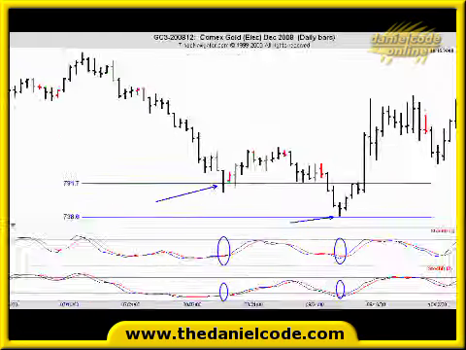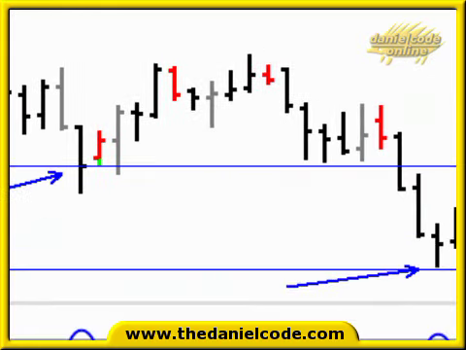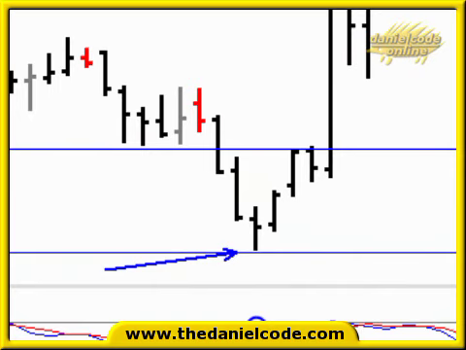We've got the two arrows on it, the first arrow marking the close-only turn that we identified at the Danielcode level at 791, and the second arrow is identifying a daily low sitting right on the Daniel number at 738.60.